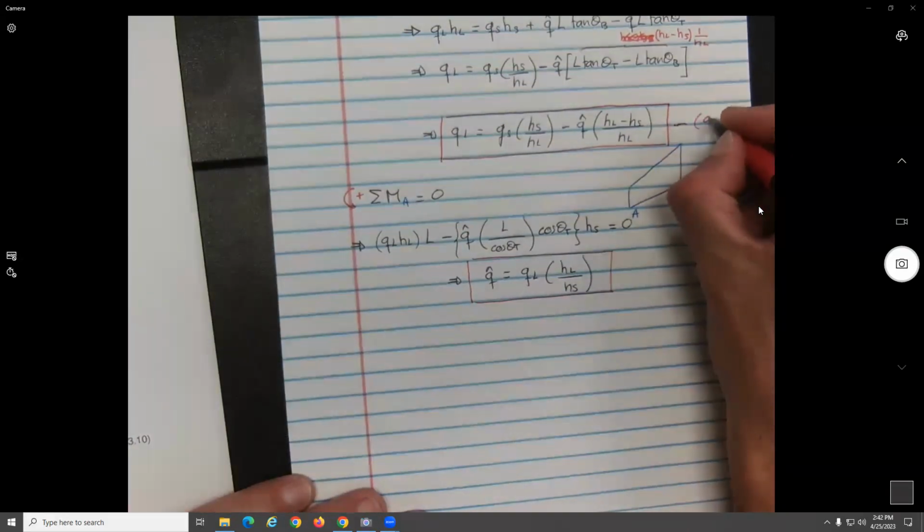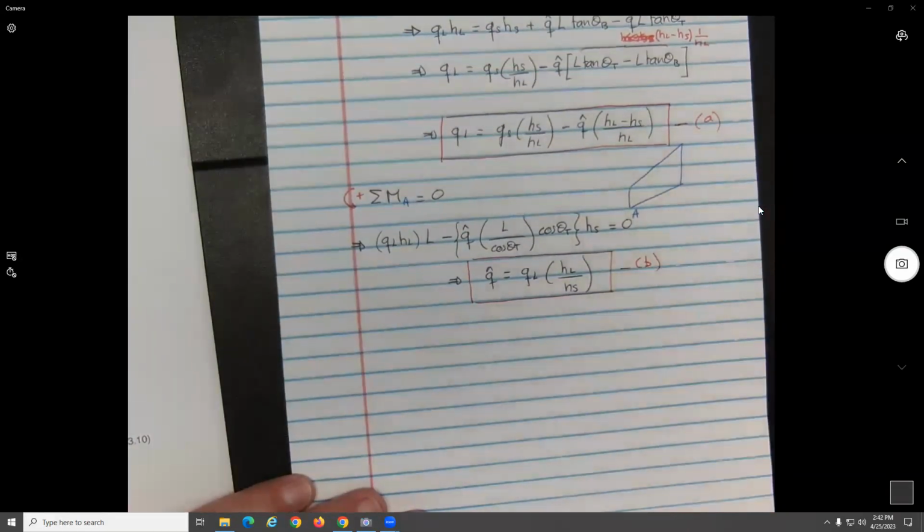All right, so you want to call this one A and B. Almost there.